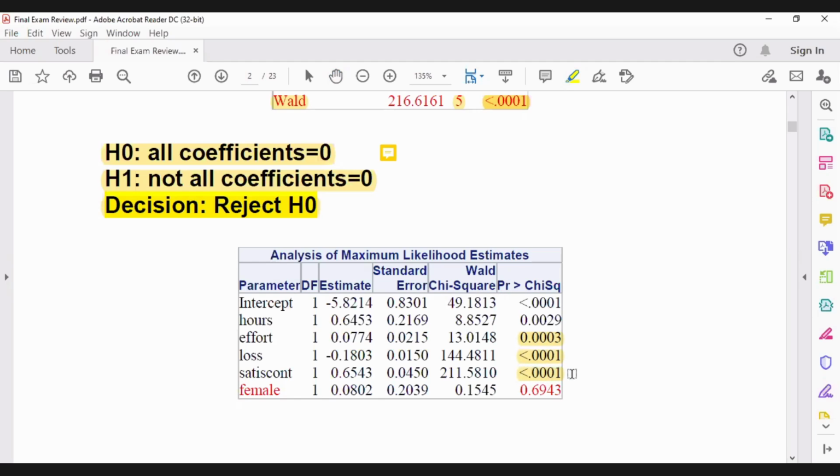Satisfaction having a p-value less than 5% means it is significant. So the only explanatory variable which is not significant is female, with a p-value equal to 0.6943, larger than the 5% significance level. Okay?